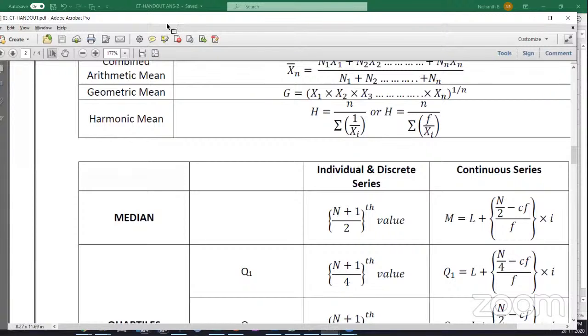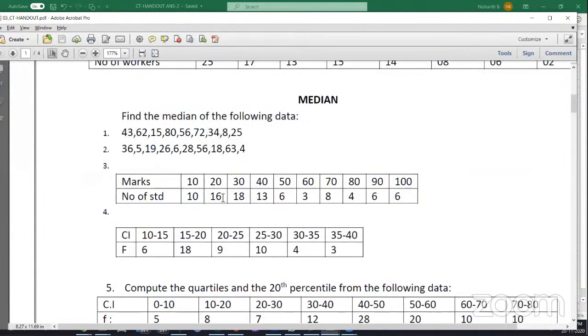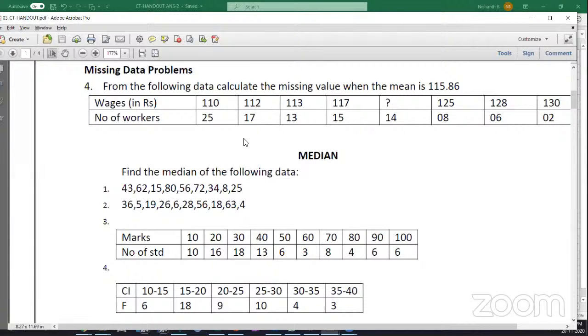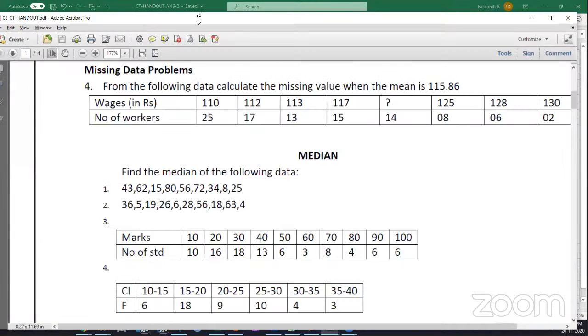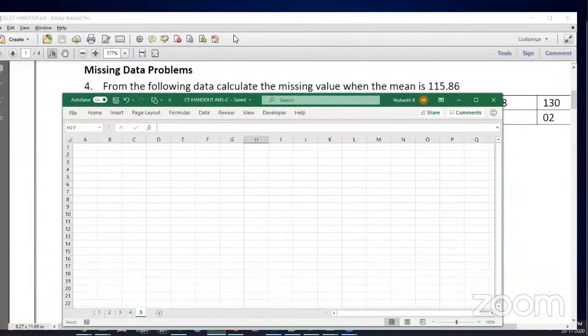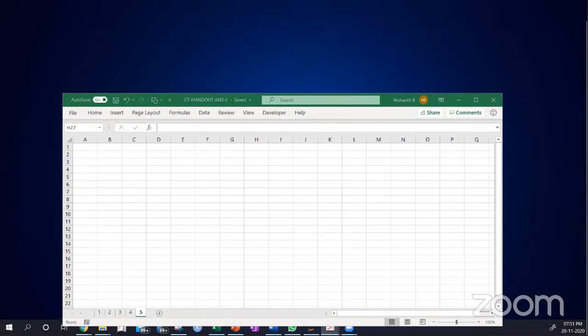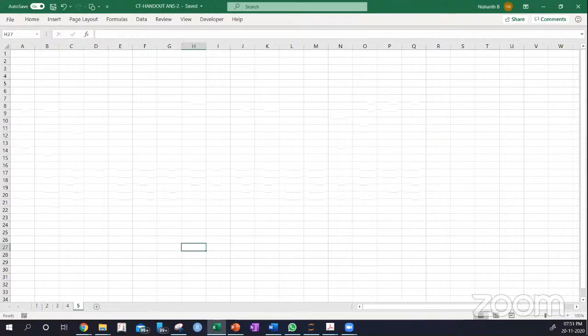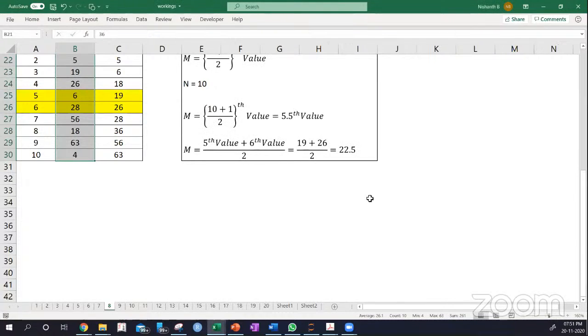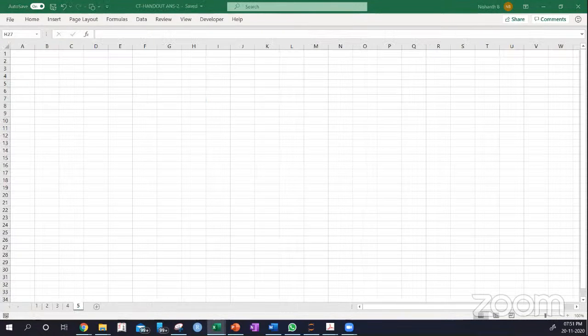So with these two rules, let's do the problem here. Find the median.